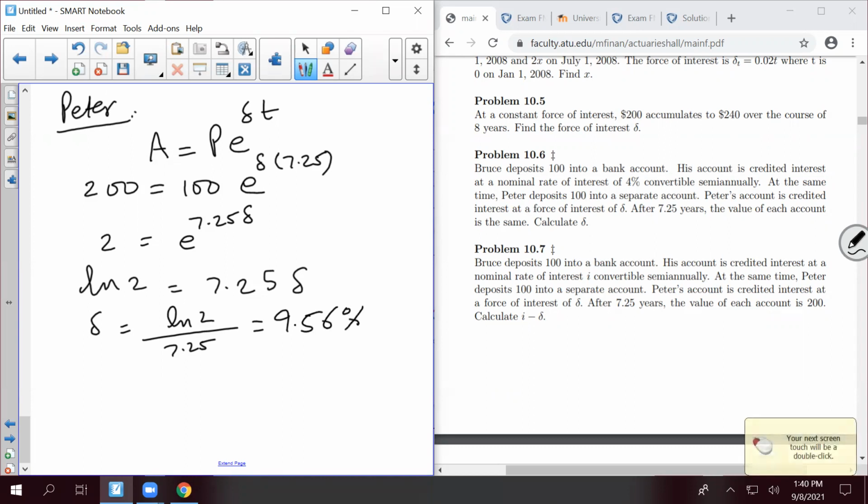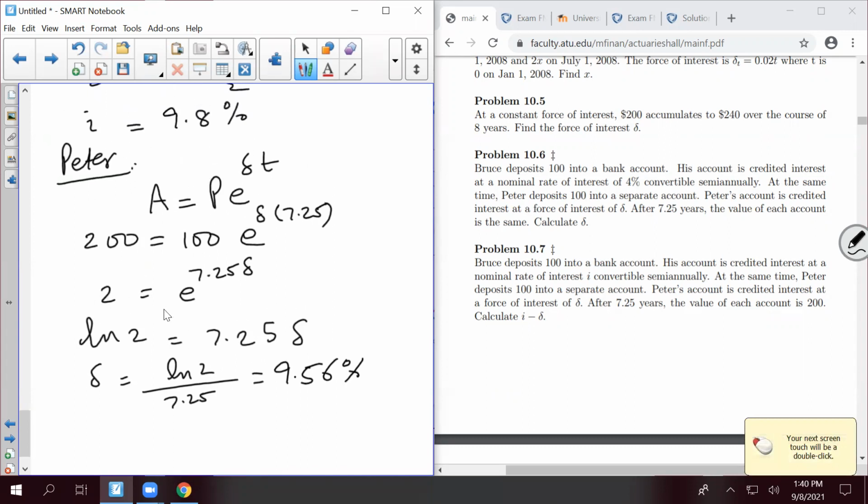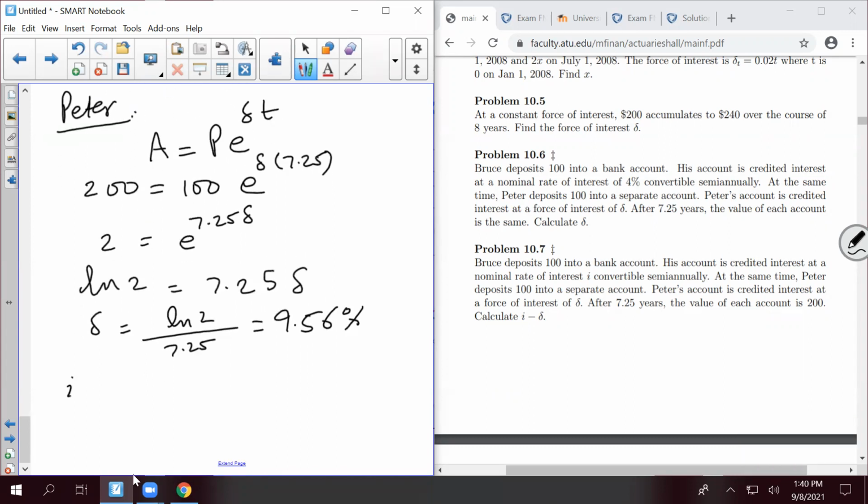So we were to calculate I minus delta. I was 9.8% minus 9.56% is equal to 0.24%. What was the question? Find I minus delta.